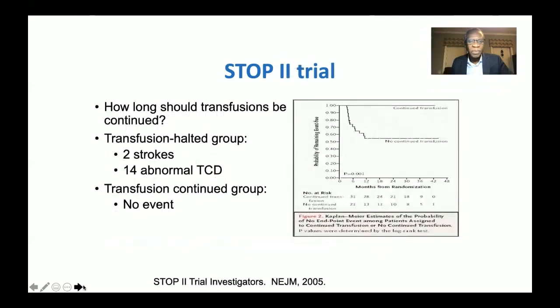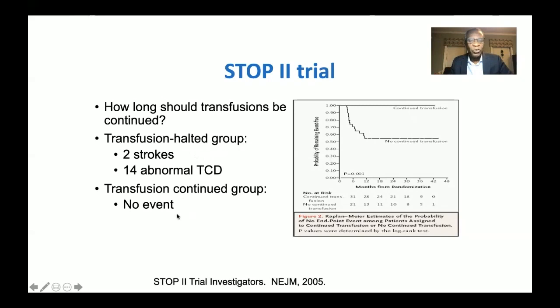90%. They then went on to answer the question, how long should transfusions be continued? In the study, in patients who were receiving chronic blood transfusion as stroke prevention because of high TCD velocities, one group discontinued the transfusion whilst the other group continued. In the group that halted blood transfusion, there were 2 incidents of stroke and 14 reverted to abnormal TCD velocities.